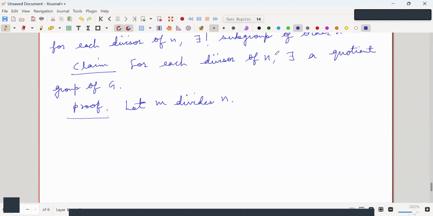So let m divide n. Then can we say that n by m also divides n, because n by m times m is again n, right?